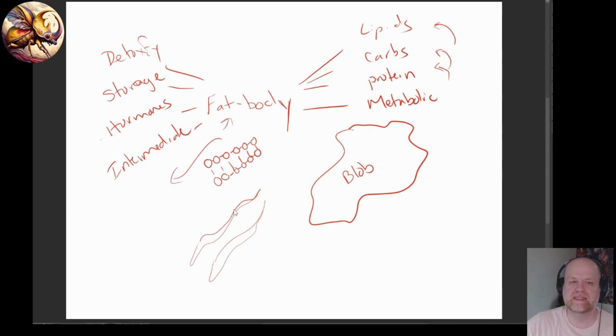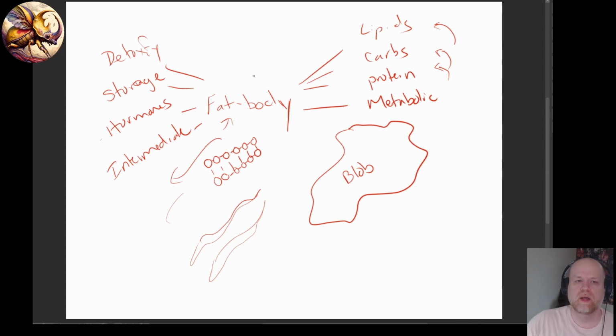Additionally, within an insect, you can have multiple forms of fat body depending on where in the body you're looking. So it's entirely possible that in the future, when we have a better understanding of the role of fat body, it won't be considered one organ. It will be considered multiple organs depending on the structure and location, and maybe they'll eventually get their own names and things like that.